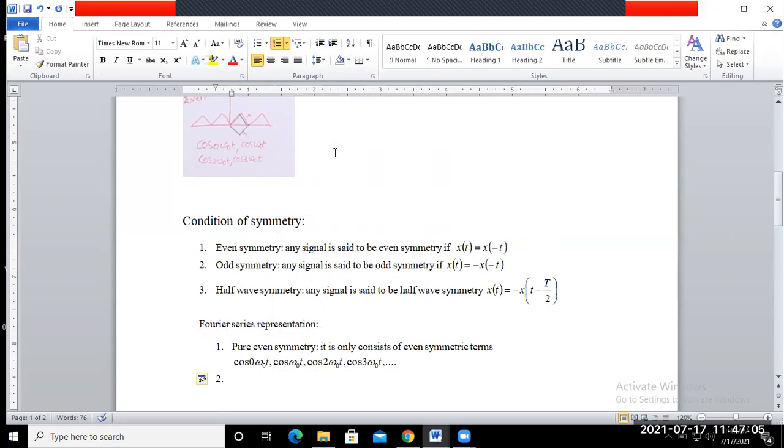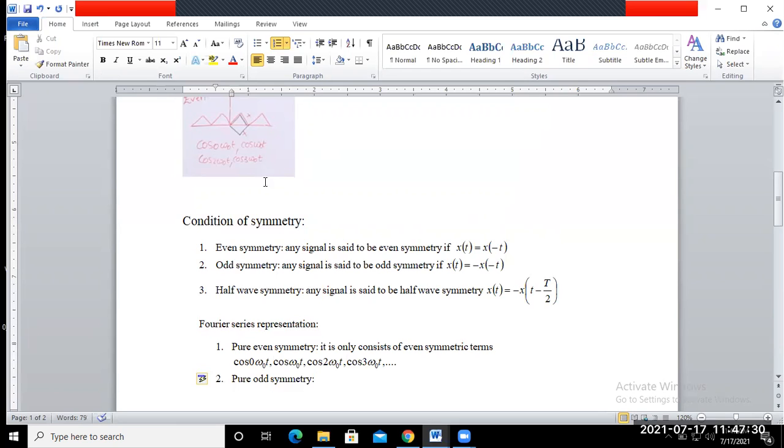Second one, if pure odd symmetry, it consists of sine terms or frequency components of these sine terms.